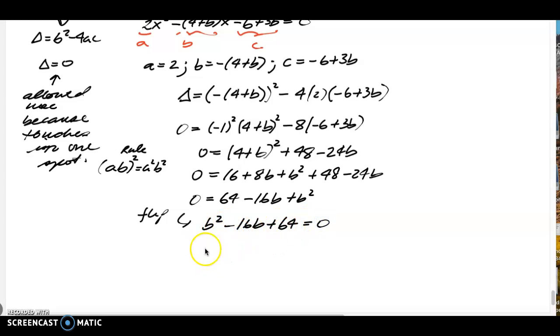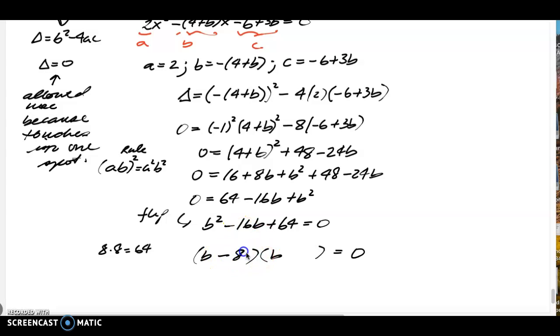Guess what? I can actually factor that. Because what multiplies to 64? 8 times 8 equals 64. Guess what? There's my b. I need something that will multiply to give me 64 and add together to give me negative 16.